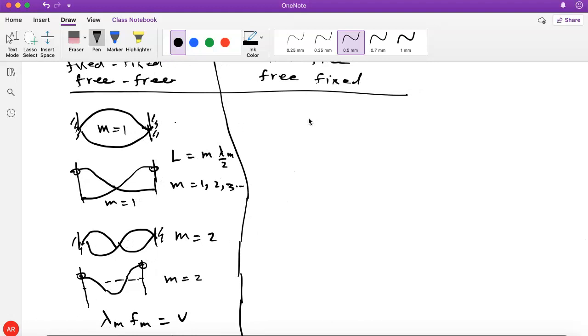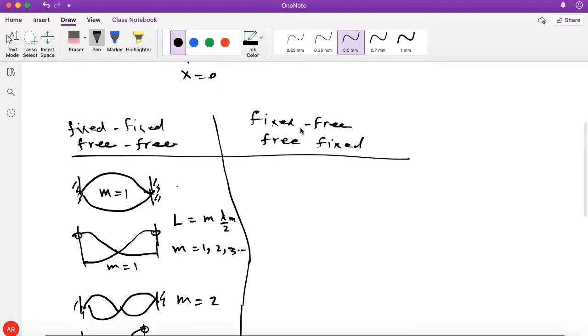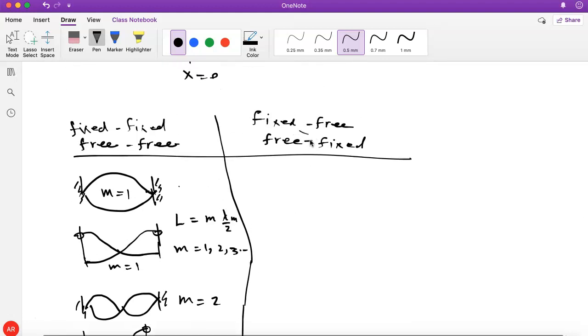Now, fixed-free or free-fixed, again, they're just a mirror image of one another. So, for example, fixed-free, let's say fixed is on this side, free is on the other side. It's going to just look like this. You have a node here, you have an antinode there.